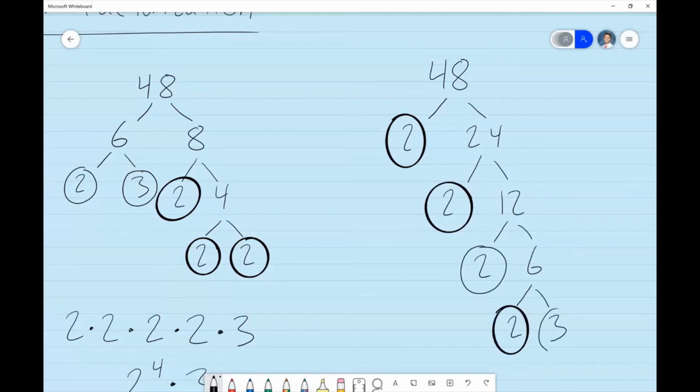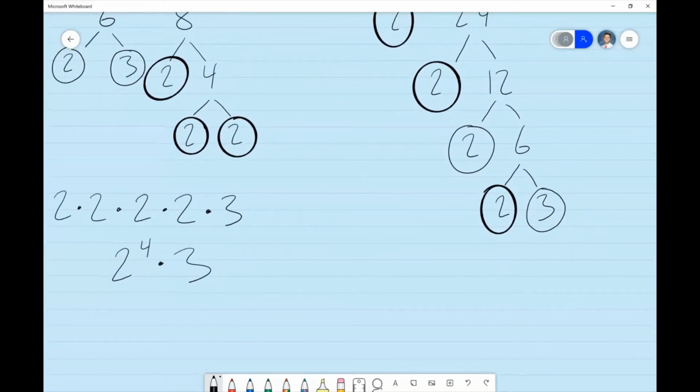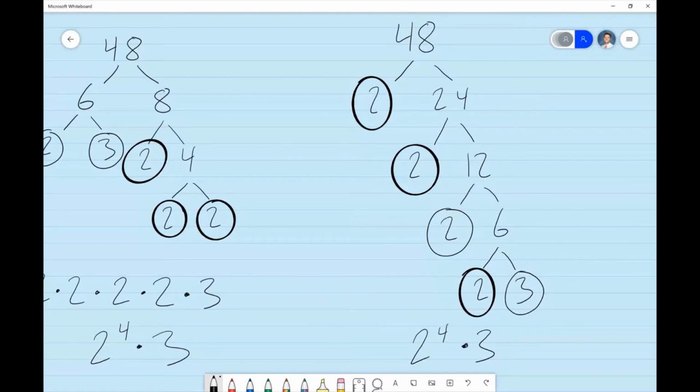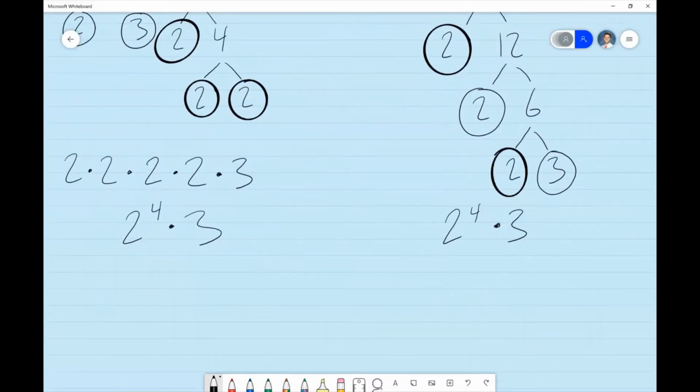Those are both prime numbers. So again, our final answer, we have four 2's and a 3, and that would be 2 to the 4th power times 3, and that is the prime factorization for 48. Our goal is always to list out factor pairs for our numbers until we are ending with prime numbers.